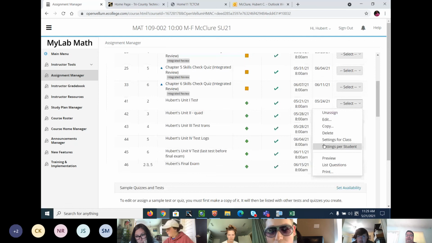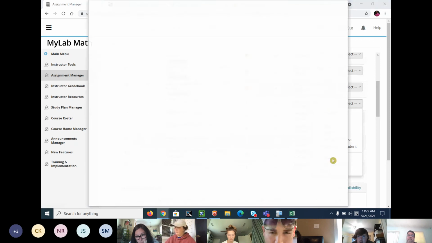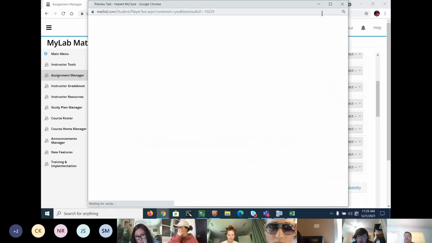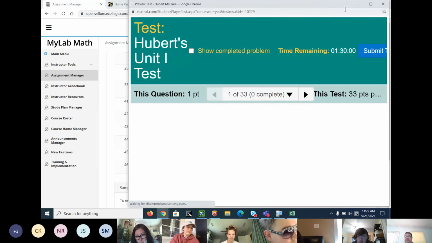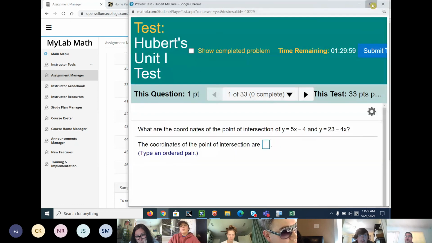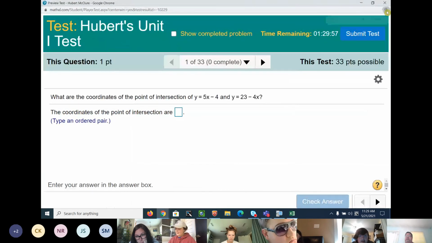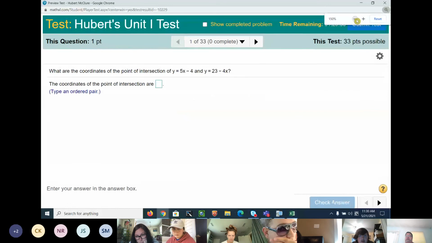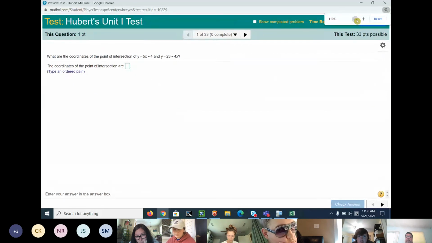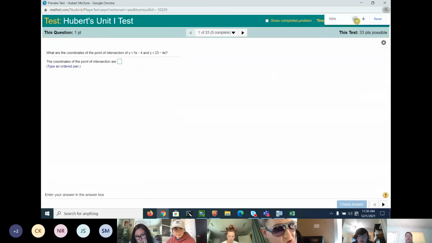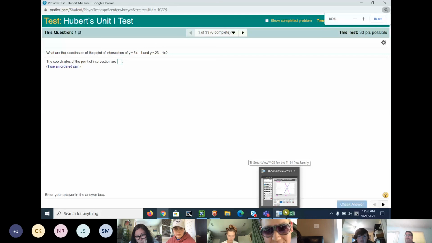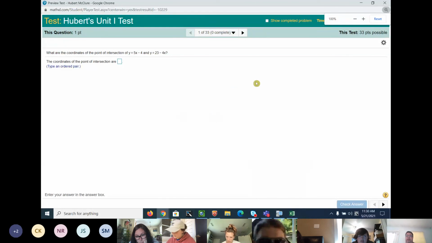Well, I can't go into the test. Preview. Okay, now you can maximize the test. You can do this, and you can make it smaller. But as soon as you click on one of these down here, it's going to shut it down. Okay, so the best thing to do is just keep it maximized and don't touch anything. That's the best thing to do.